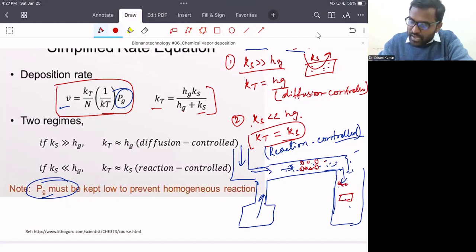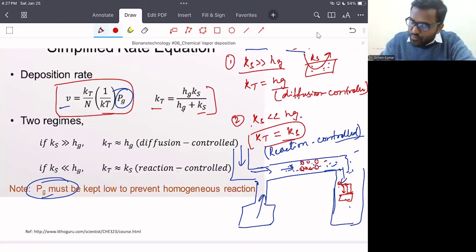After the reaction in the gaseous phase, you will get some kind of powder formation, and that powder will get deposited on the surface. So in that case, the surface is not homogeneously deposited, and we don't want that kind of homogeneous reaction in the gaseous phase. We want heterogeneous reactions.